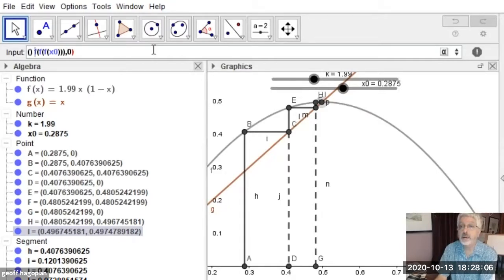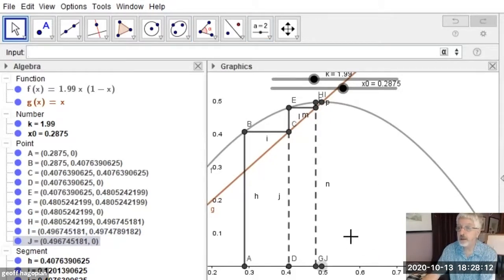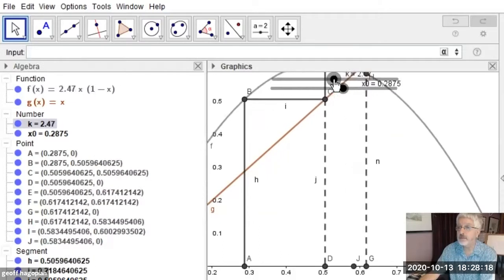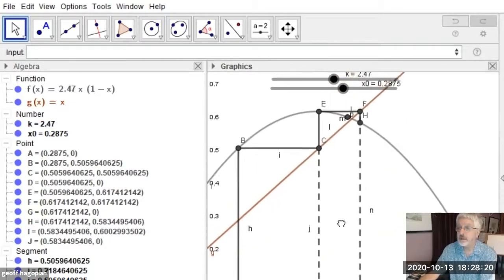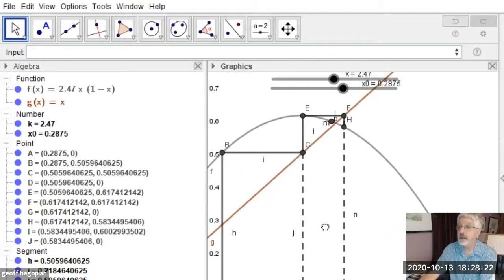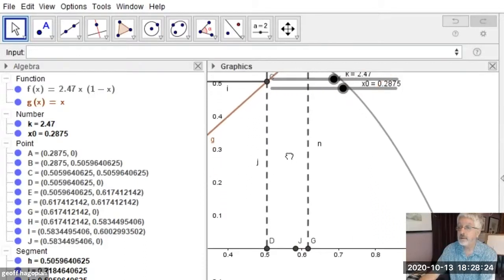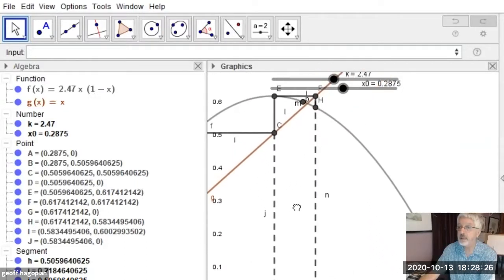Oh, we got, yeah. So then that plots that new point J down there. It's a little bit hard to see what's going on because our K is not convenient for this. So if I, yeah, right, what's going on? So this J, I don't know where that J is coming from.